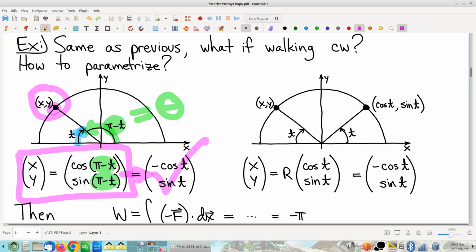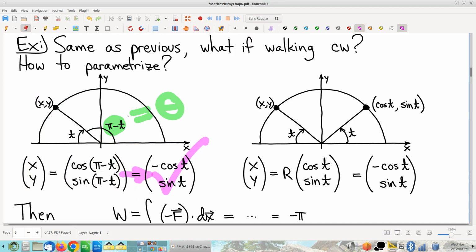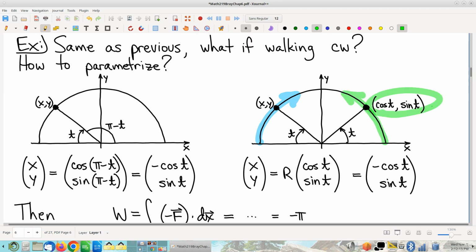Now here's a different approach, perfectly reasonable but different. I'm, again, interested in parameterizing like this, but the thing is, I already know how to parameterize like that: cosine t, sine t, counterclockwise.